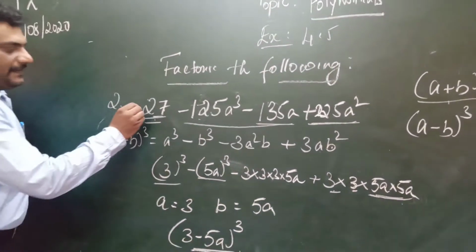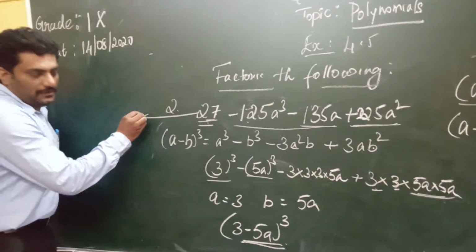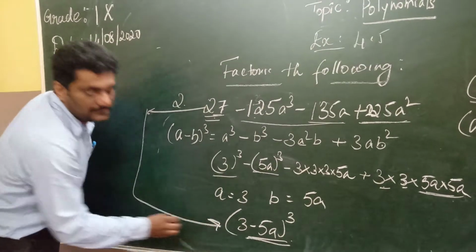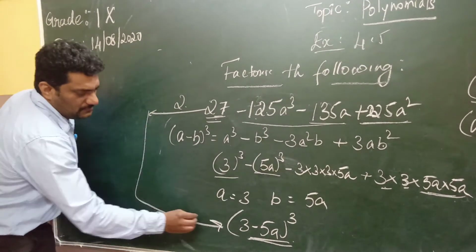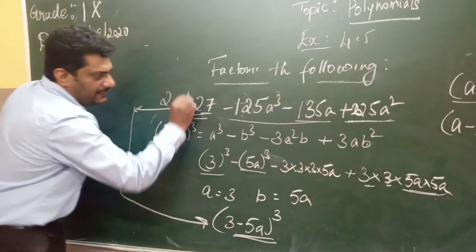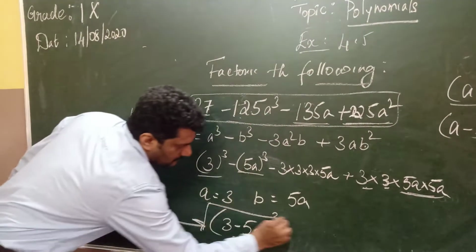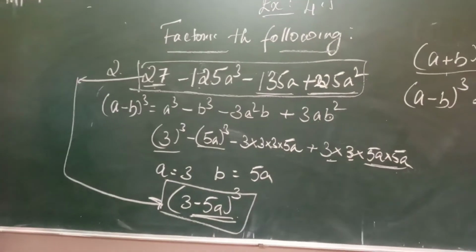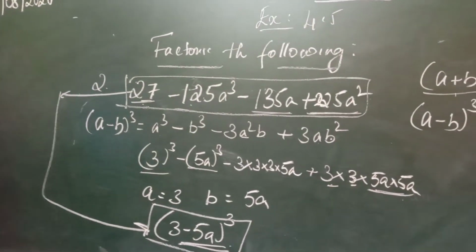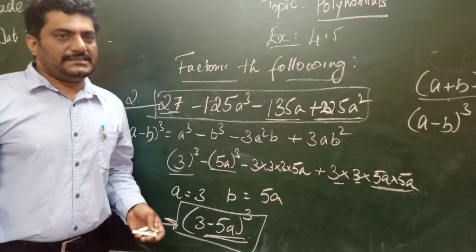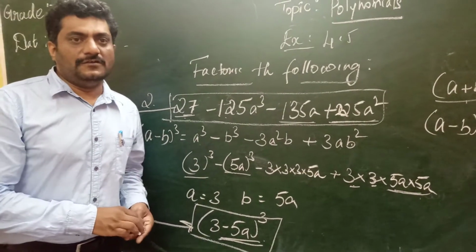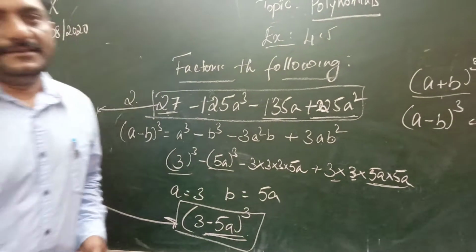This is how we factorize it. This is the expansion form which we factorize into this one. Copy down this in your classwork. This is second sum of 8th main.